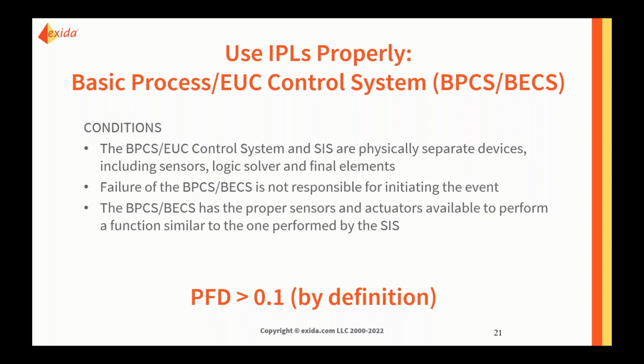And oftentimes it is limited by the fact that it has not been designed in accordance with 61508. And it does not have suitable proven in use justification to claim SIL level credit in its operation. So as a protection layer, its probability of failure on demand is limited to 10%.